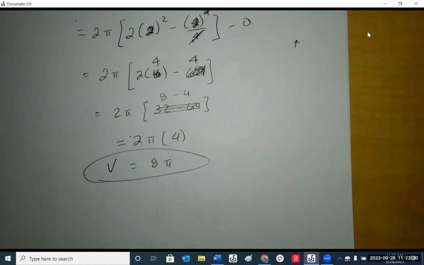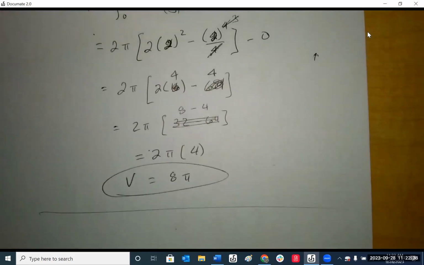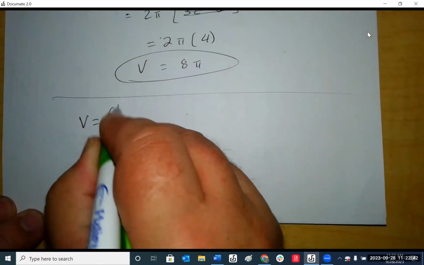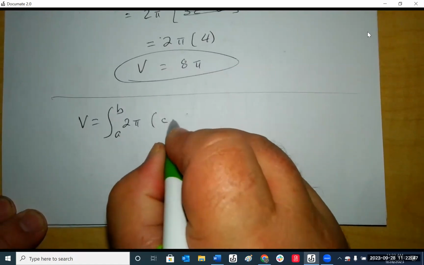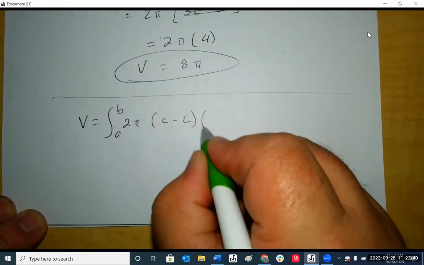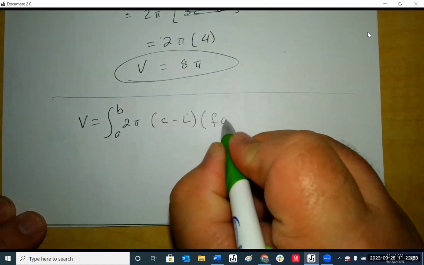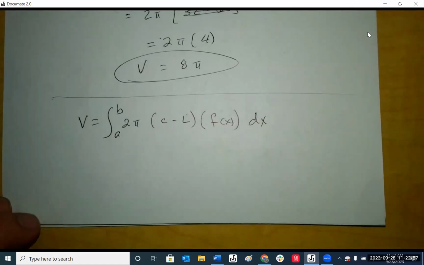I think it's much easier than the first one because we only have one formula, and that's all you have to do, really.